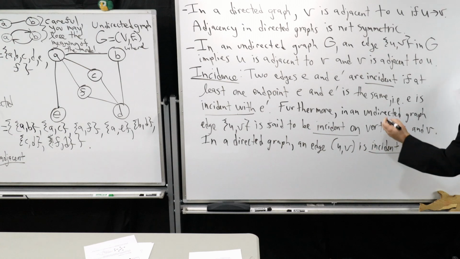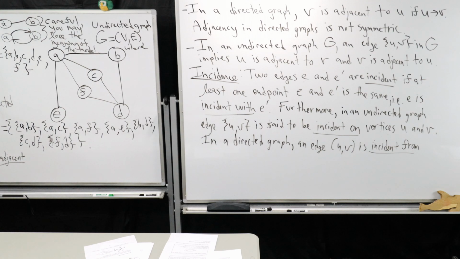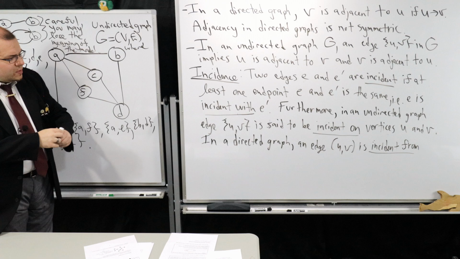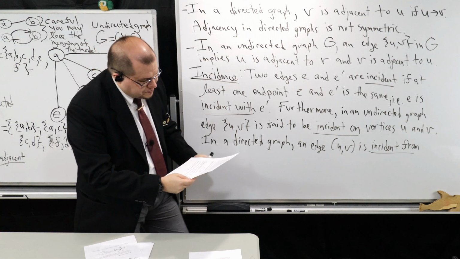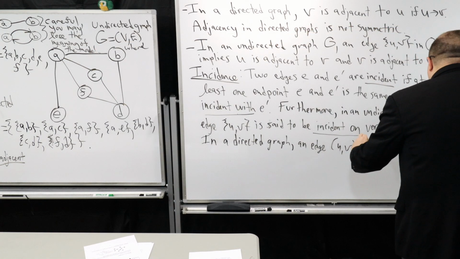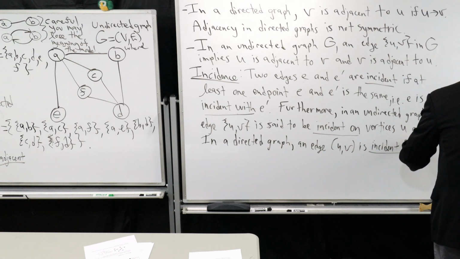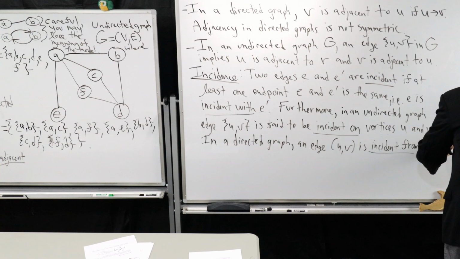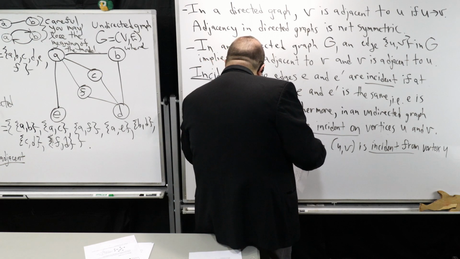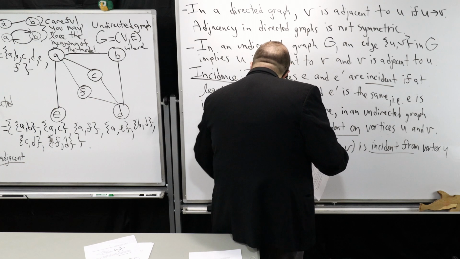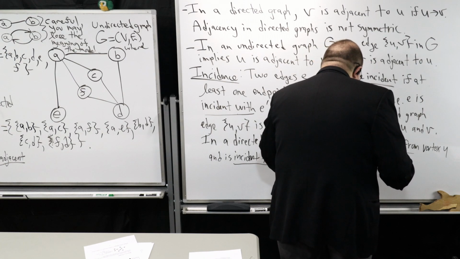So in a directed graph, an edge UV is incident from. Sometimes people say it leaves. Just be aware of that. Incident from vertex U, and is incident to vertex V. So this is a to-from relationship.